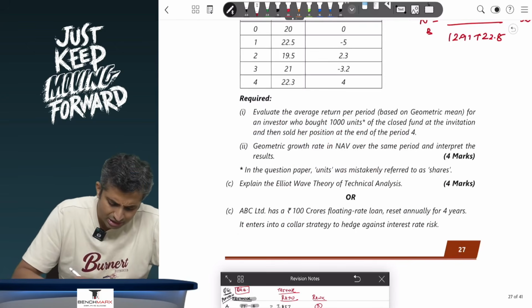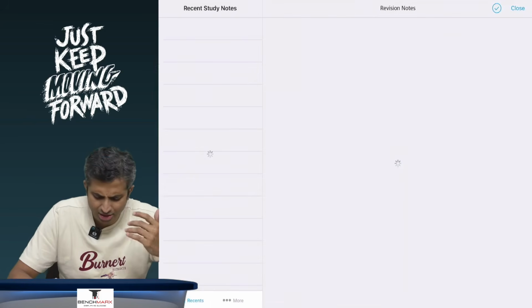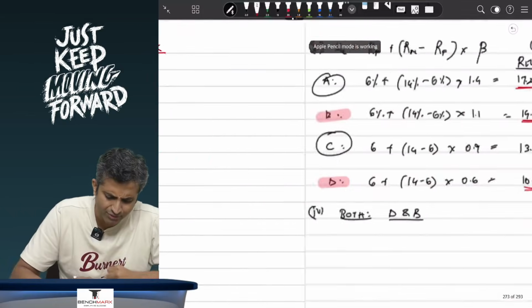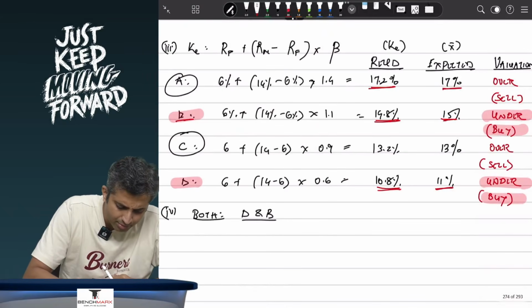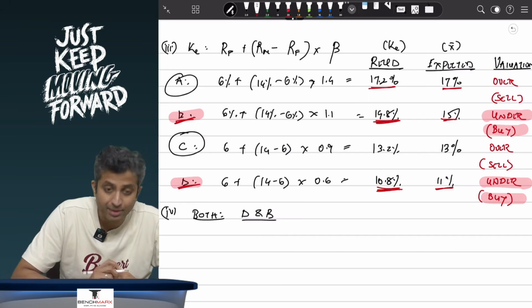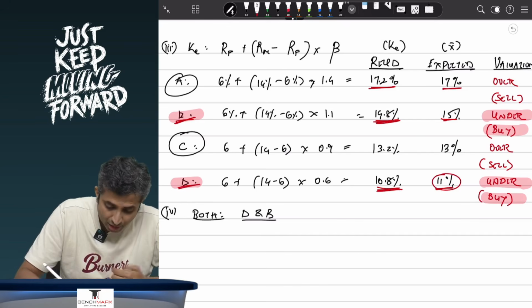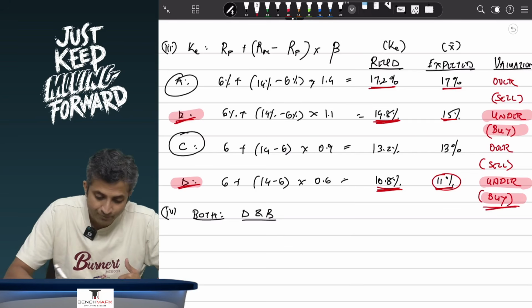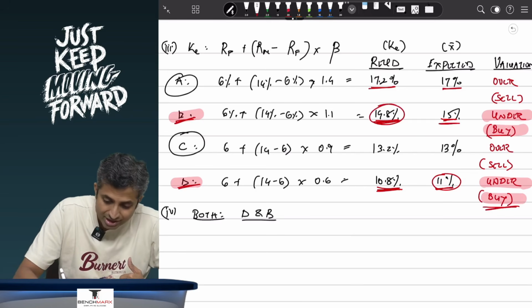In my solution, I've shown you for reference all four. For B and D, you see 14.8 and 10.8. Compared with the expected return, I require 10.8, the security gives me 11, it is worth buying. 14.8 required, 15 given, it is worth buying.